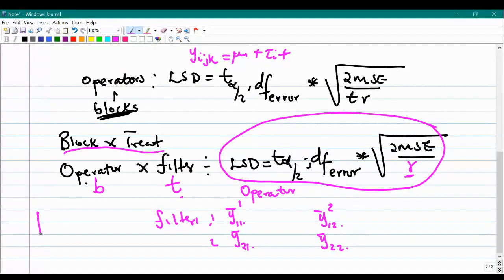So the comparison will be Yij dot minus Yi prime j prime dot. These are the means of each and every cell. So when you want to do pairwise comparison for the interaction, you use the means for each and every cell.